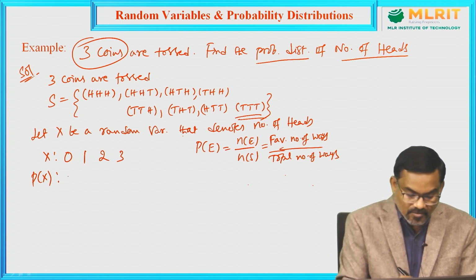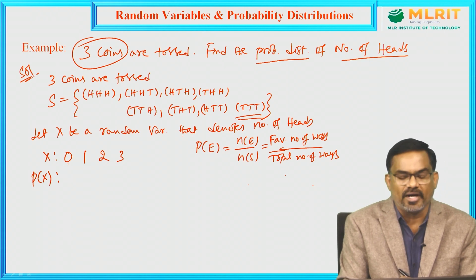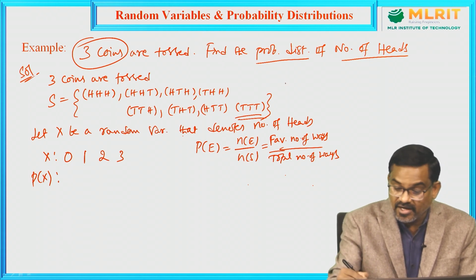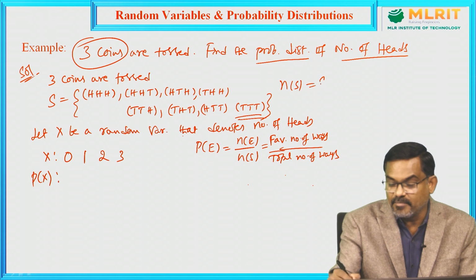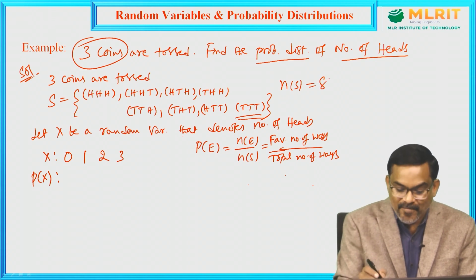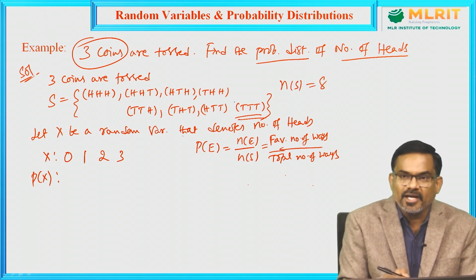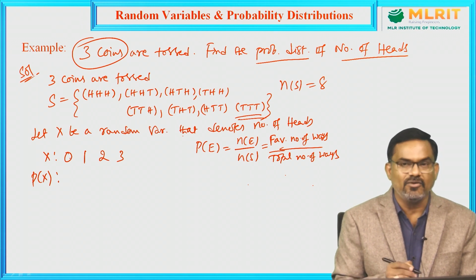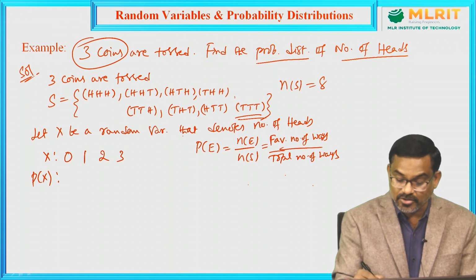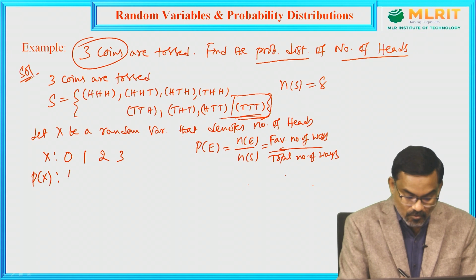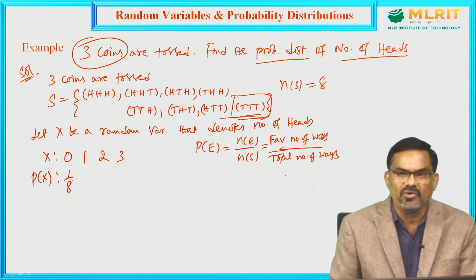Here the total number of sample elements N of S is 8. Out of 8 outcomes, how many are favorable for the first value of X? 0 heads is possible only in one case. So, 1 by 8 is the probability of getting 0 heads.